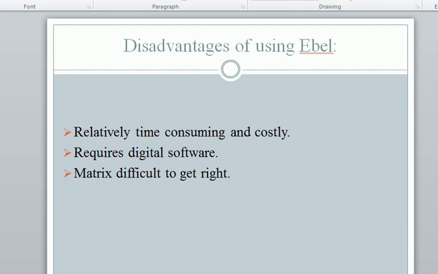Then I discussed the advantages of this method compared with other methods of standard setting like Nedelsky, and lastly the disadvantages of this method.